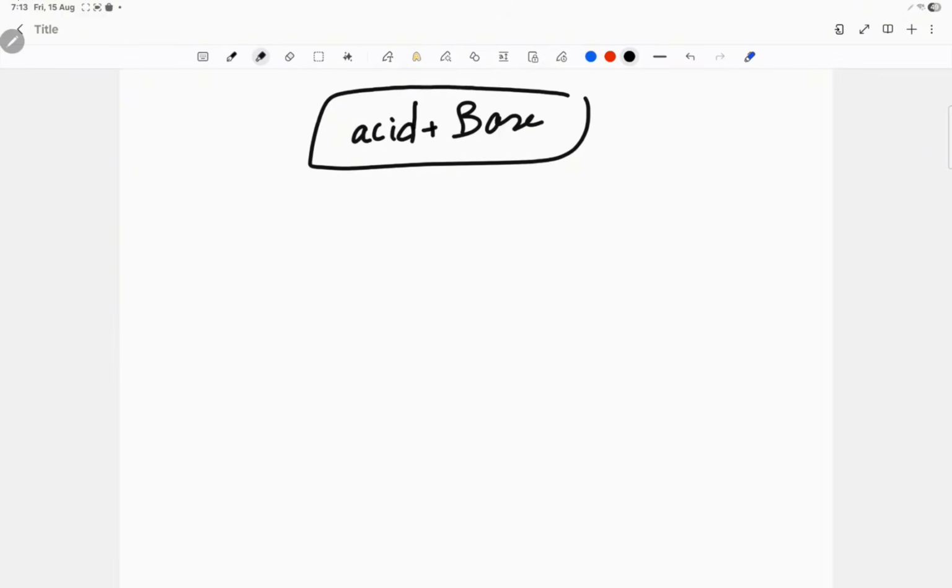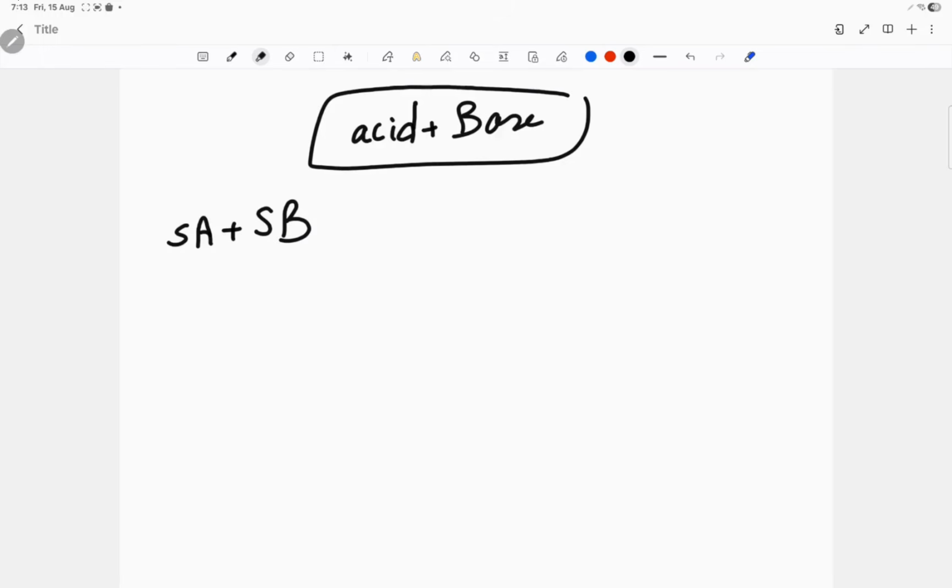Now, let's talk about something new: neutralization reactions. That basically means acid plus base. We're going to have multiple types here. We're going to start with strong acid plus strong base.